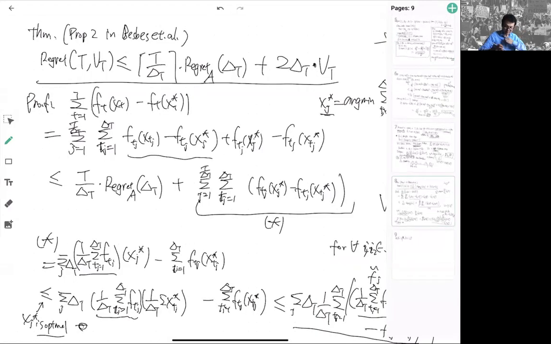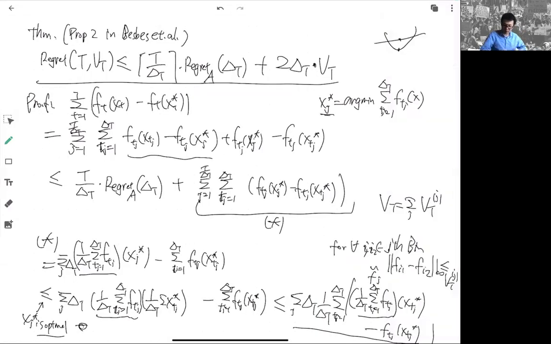Basically, the average of this function, I'm just using the triangle inequality. I'm arguing that the cumulative move within this chunk is smaller than V_{t_j}.